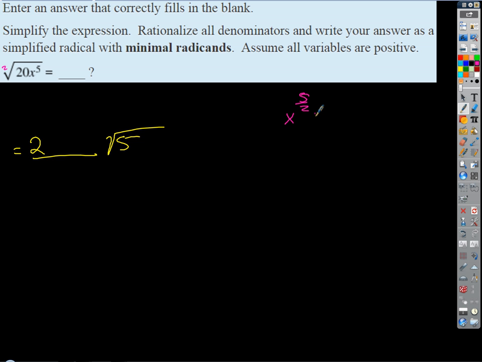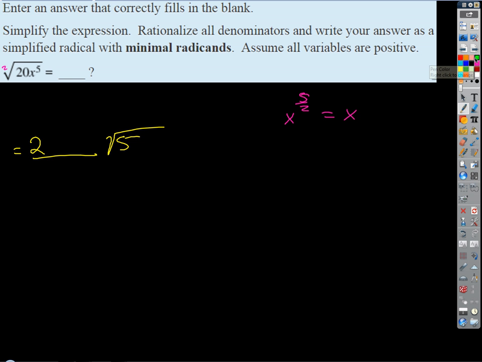And remember our trick? All we have to do is think about that exponent as a mixed number. The integer part is the power that is outside the radical, and the fractional part represents what's stuck inside. So what is 5/2 as a mixed number?